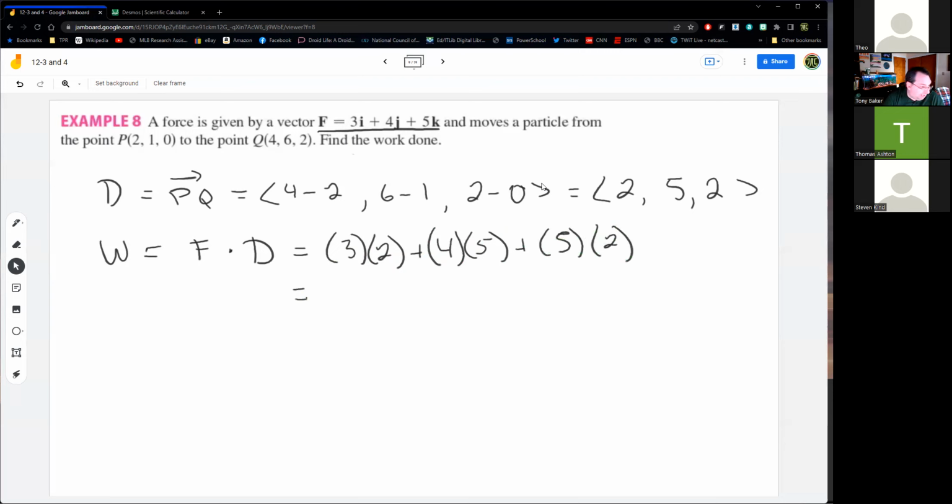So 6, 20, 10. So I've got 36 joules of force. So we can do it either way, depending on what information we're given.